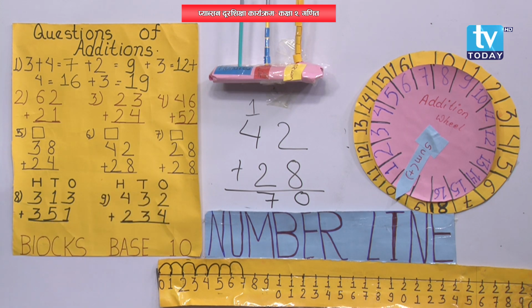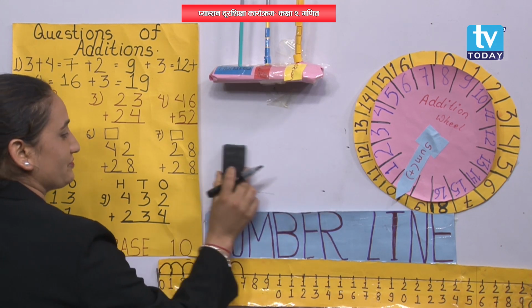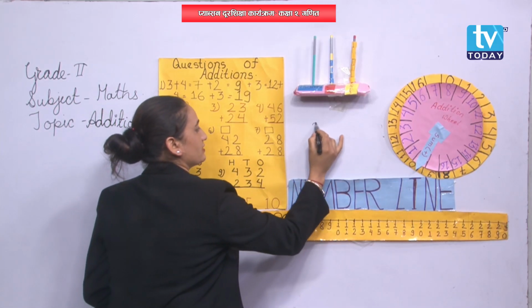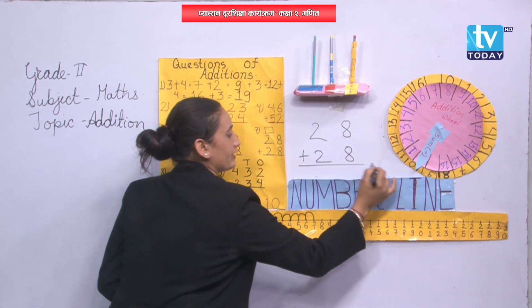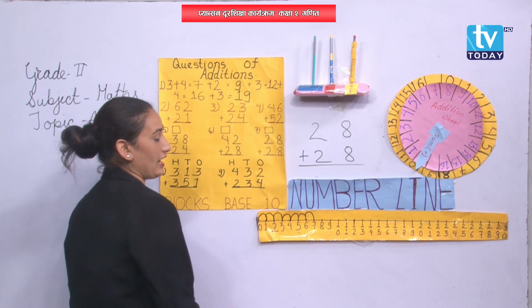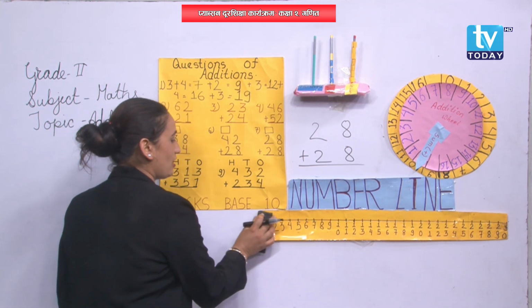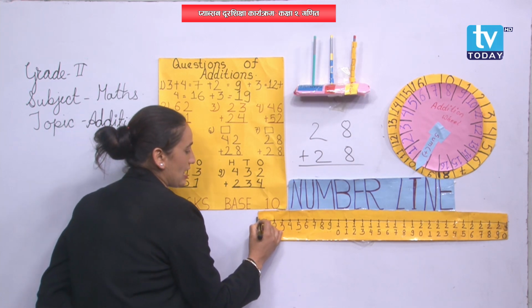Now, same like another, okay? Do it fast. 28, 28. We are going to jump again. Are you ready to jump? Okay. Now first of all, let's jump for 8 times.